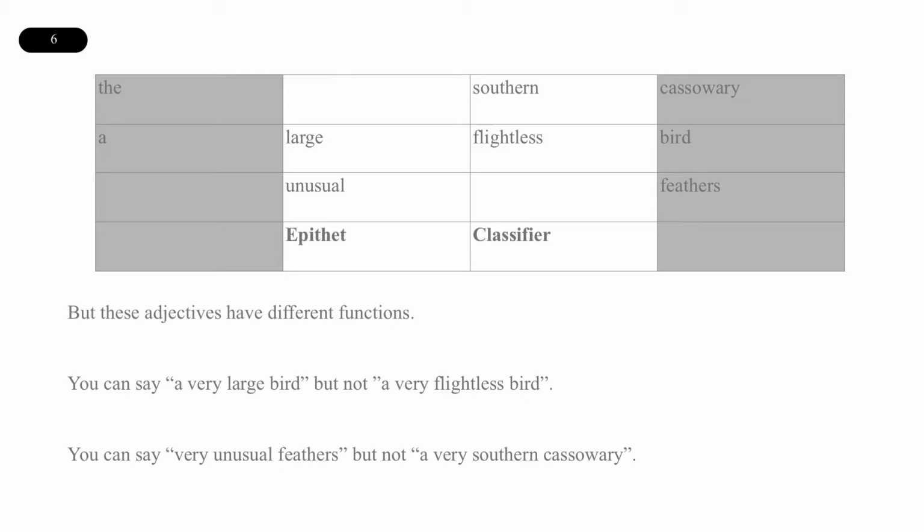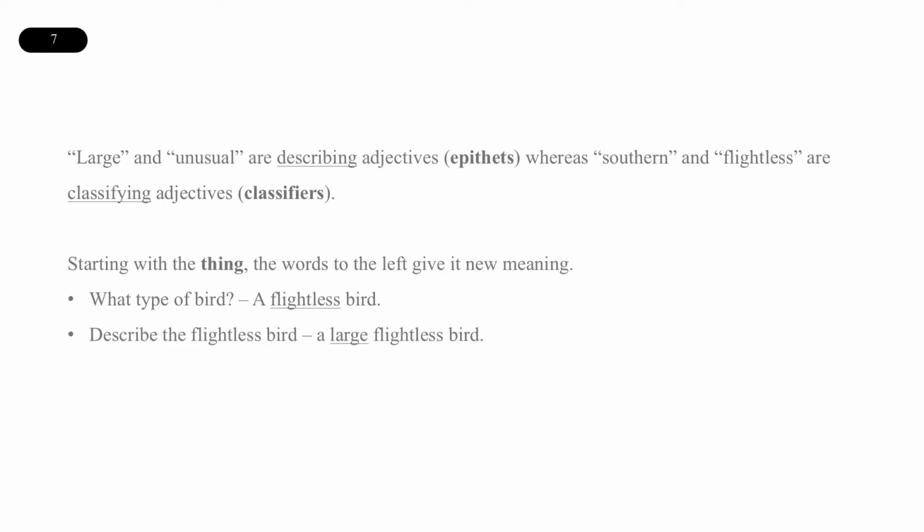You can say very unusual feathers, but not a very southern cassowary. Why? Because they have different functions. You see, large and unusual are describing adjectives or epithets, whereas southern and flightless are classifying adjectives or classifiers.